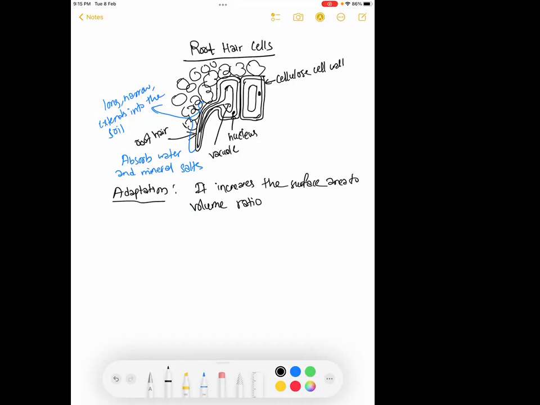And that results in what? Faster absorption of water. That's it. You could say that basically helps in faster diffusion. Same thing, faster absorption, faster diffusion. Yeah, that's it.